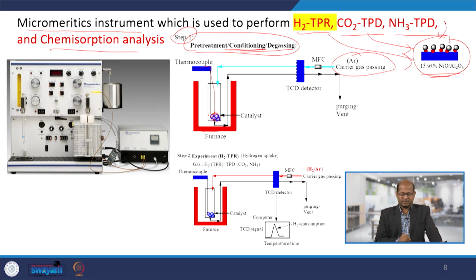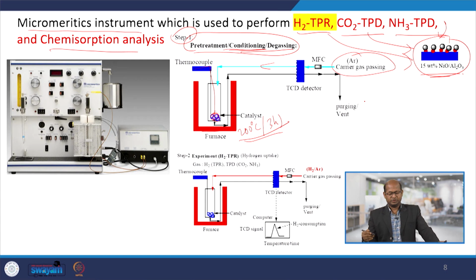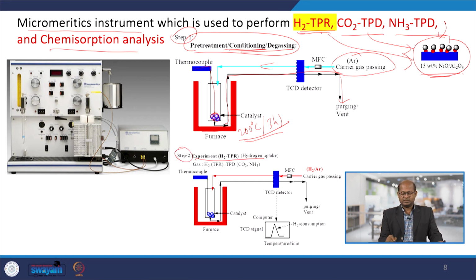We place the catalyst and pass argon gas at, say, 200 degrees centigrade for 3 hours. Then all impurities are removed; they come out through the vent. After that we start the second step, to conduct the TPR experiment.